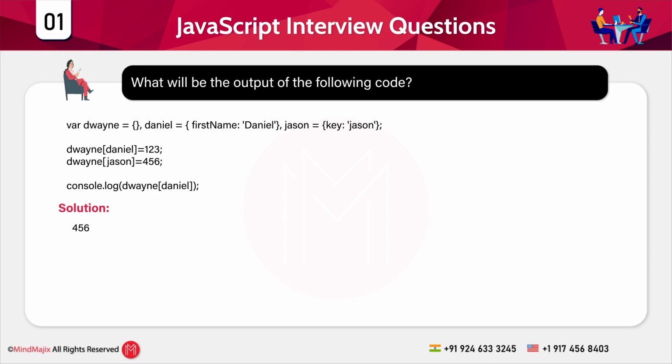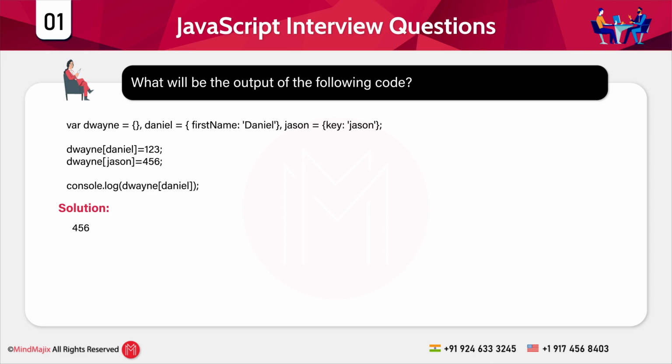So when setting an object property, JavaScript will implicitly stringify the parameter values. In this case, since Daniel and JSON are both objects, they will both be converted to the string "[object Object]".